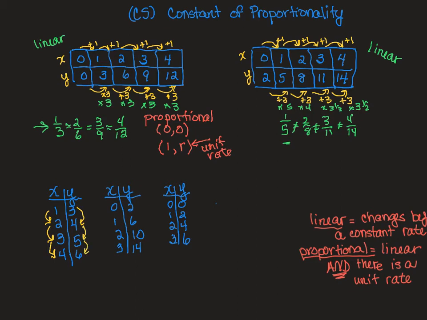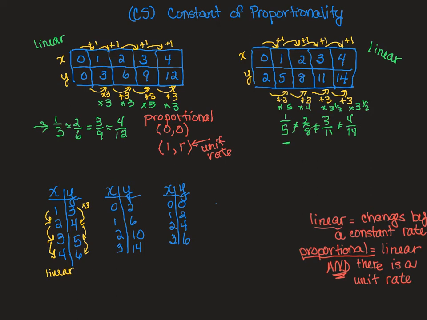Yes, y goes up by 1. So that is linear. Okay, is it proportional? Am I multiplying the x by the same number every time? Well, this is times 3. Is 2 times 3 4? No. Is 3 times 3 5? No. So it is not proportional.